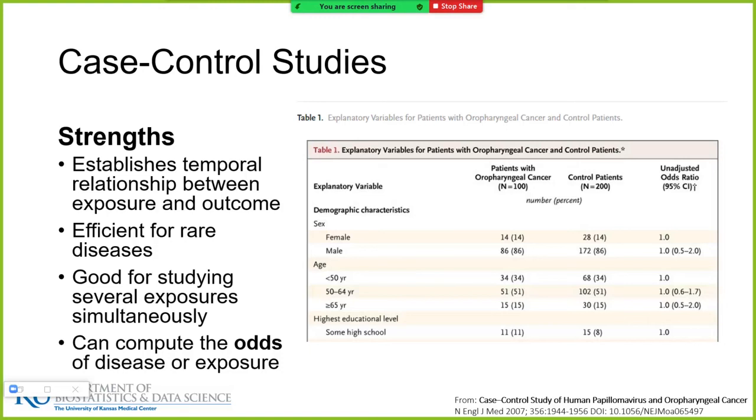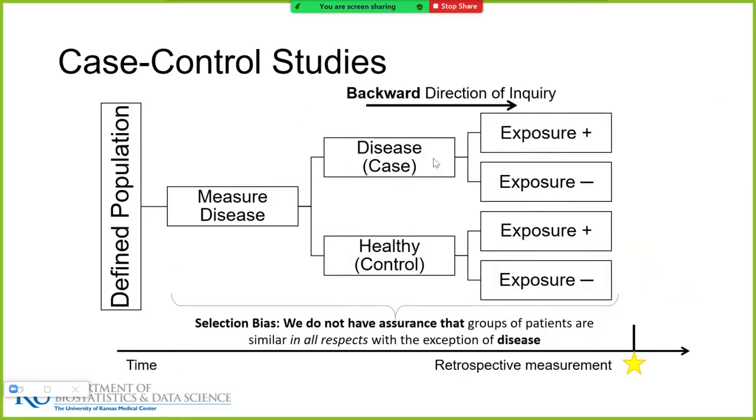So the exposure occurred prior to the disease, and they're also efficient for rare diseases because if I know only 100 people in the world have this particular rare disease, I can reach out directly to that population and try to get as many of them as possible to participate. Whereas if this is a very rare disease, it's only going to ever occur very infrequently.